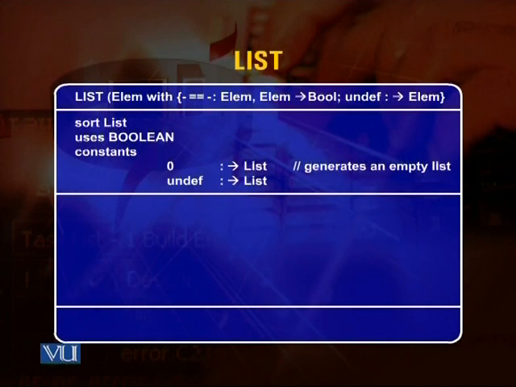So 0 generates an empty list. So it is a generator function. When we say a list is equal to 0, that basically means that we have got an empty list. In that particular case, an empty list has been generated.